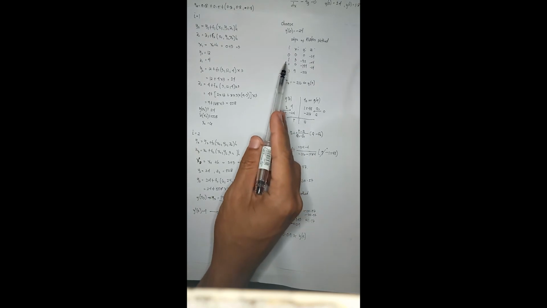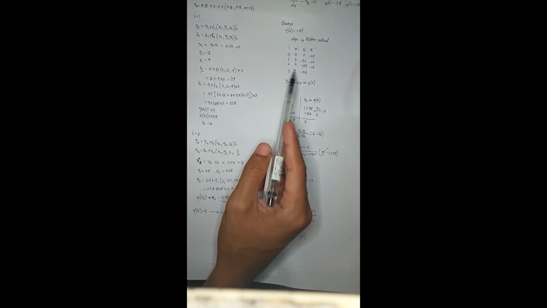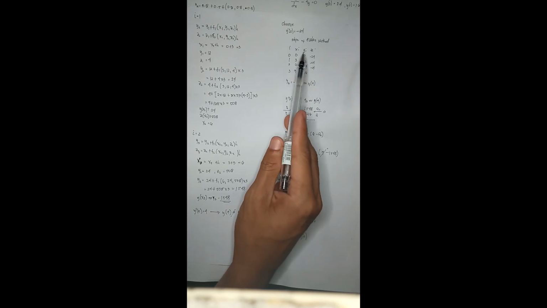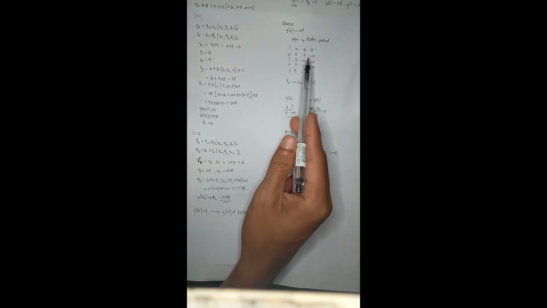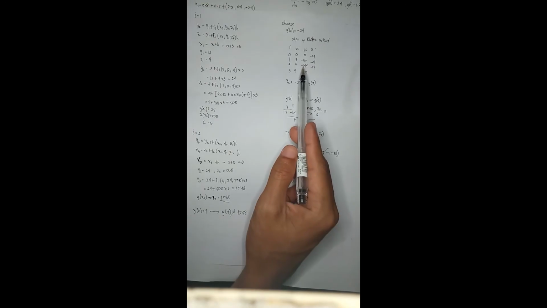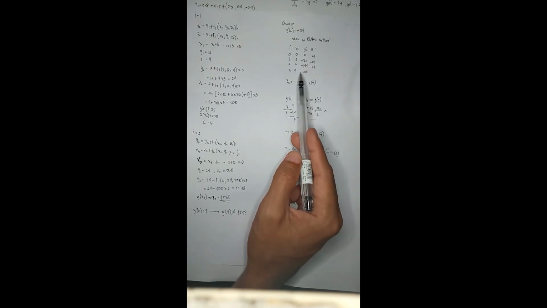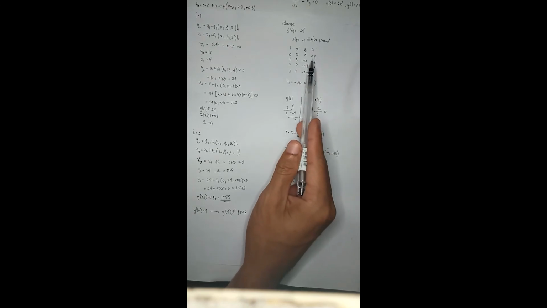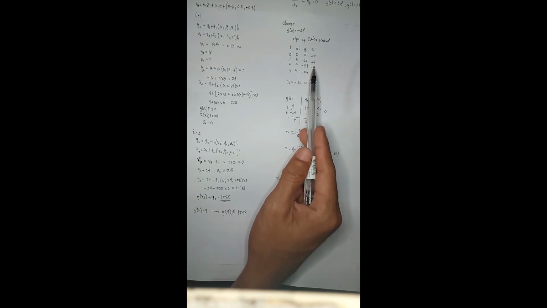For getting i0, i1, i2, i3, we can get the x values of 0, 3, 6, 9, and our y values are 0, negative 72, negative 144, negative 216, and our z is negative 24, negative 24, negative 24.